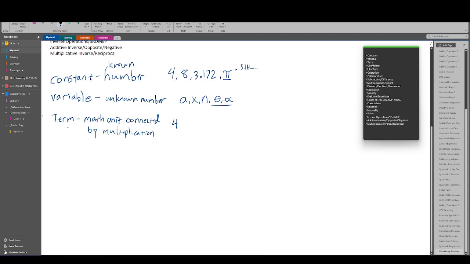So a constant by itself is a term as far as that vocabulary is concerned. X is also a term. That's a variable. But we could combine some constants and variables by multiplying. So for example, 4x is also a term, since it's a constant times a variable.